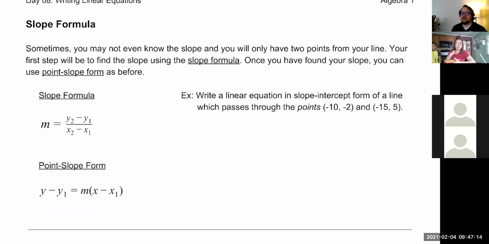So in comes our friend from yesterday when we introduced the concept of slope, the slope formula, and there's our point slope form again. The reason I'm bringing that back is because in this particular example, we're still writing a linear equation in slope-intercept form. But this time, all the information I've been given is that it passes through the points -10, -2, and -15, 5.